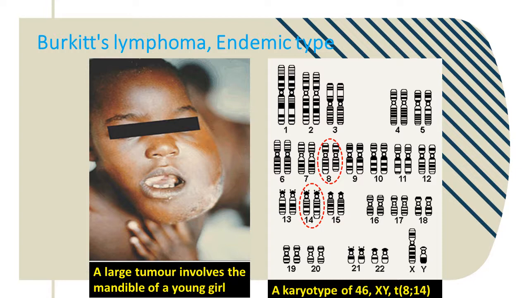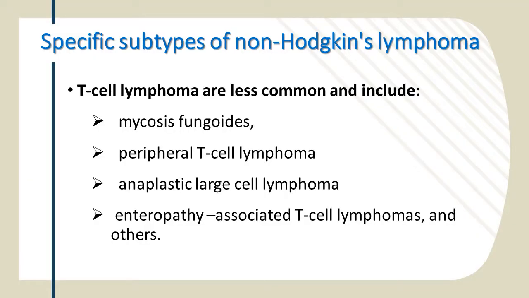This is one of the most common lymphomas in Africa and most often appears in children. T-cell lymphomas are less common and include mycosis fungoides, peripheral T-cell lymphoma, anaplastic large cell lymphoma, enteropathy-associated T-cell lymphomas, and others.